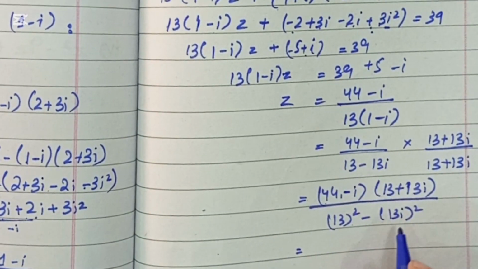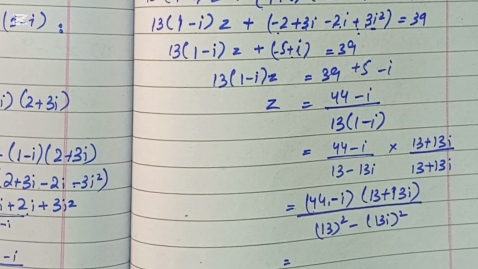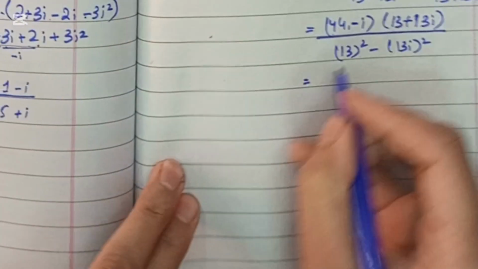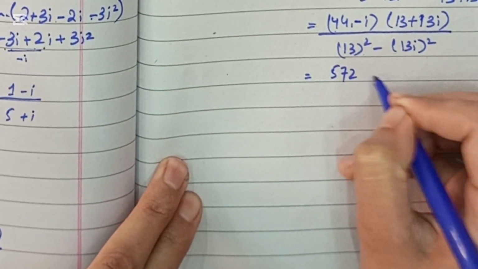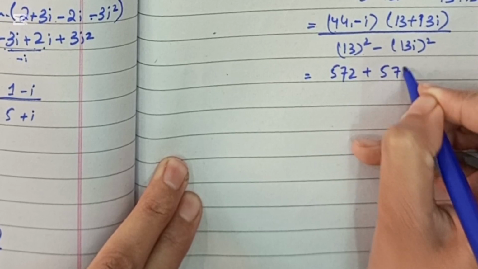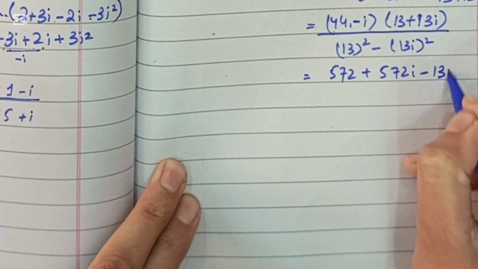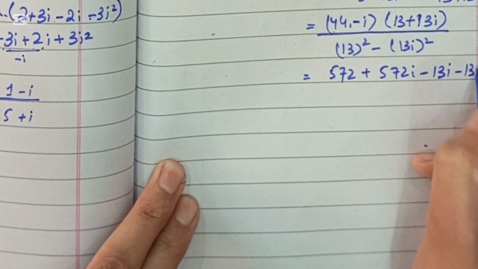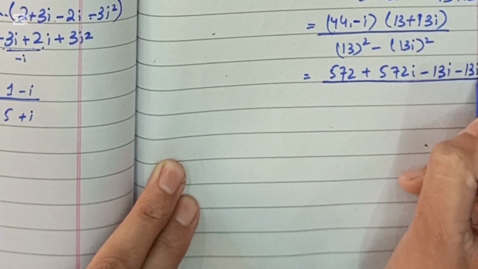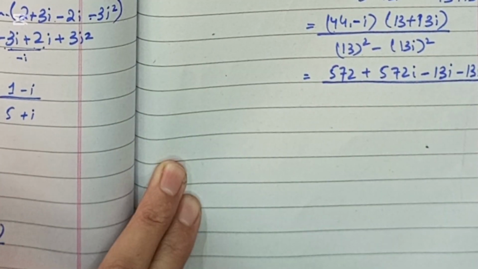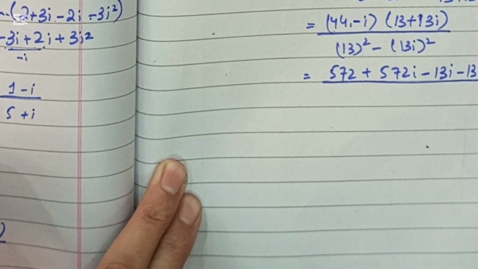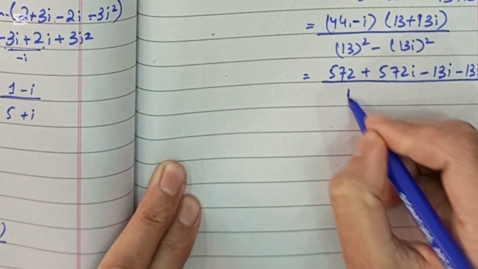Multiply this 44 with 13. Answer is 572. Minus plus is minus 13 iota minus 13 iota square. 13 square is 169.